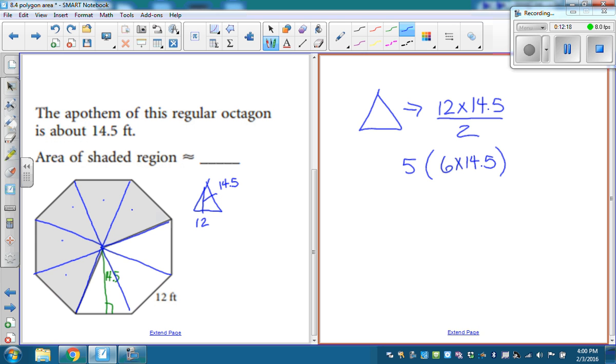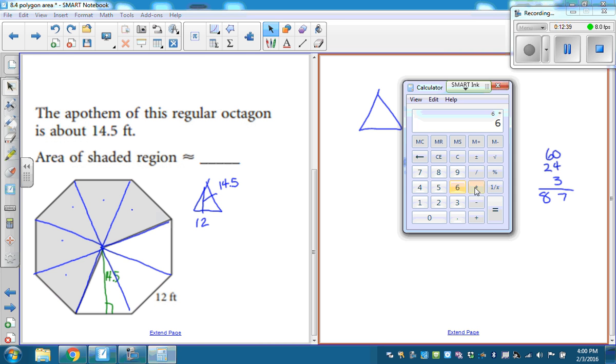So 6 times 14.5, 6 times 10 is 60. 6 times 4 is 24, and 6 times a half is 3, so 87. And we can double check that. 6 times 14.5, 87.